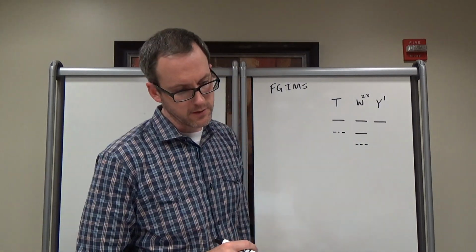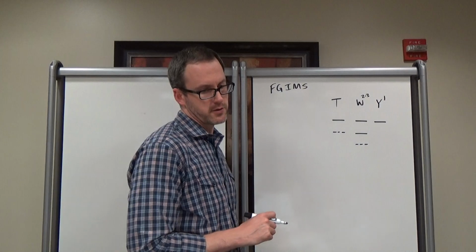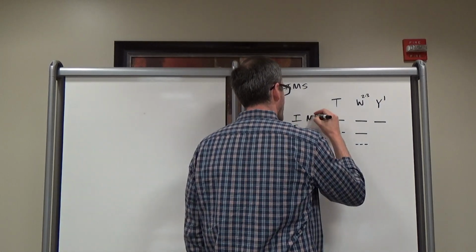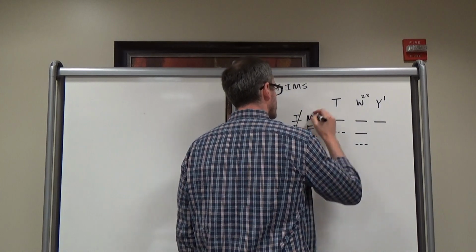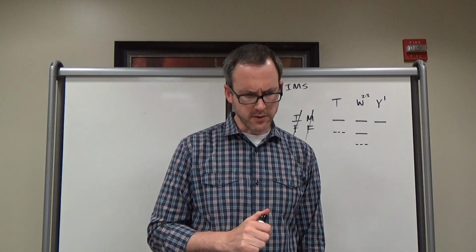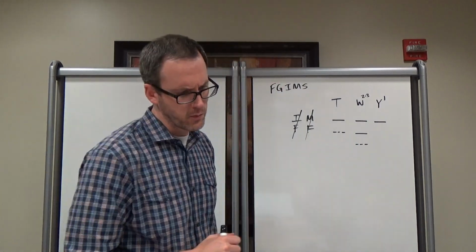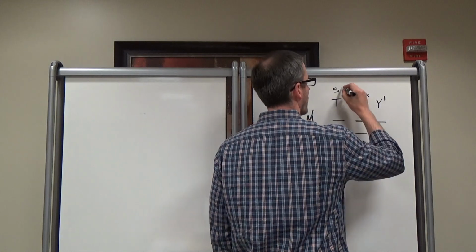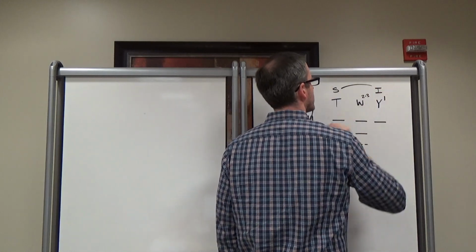All right, then it says neither the I nor the M belong to the owner of the F. So I can't be with F, M can't be with F. Then it says that either the T is the stable or the Y is the I. So either S comes in here or I comes in here.